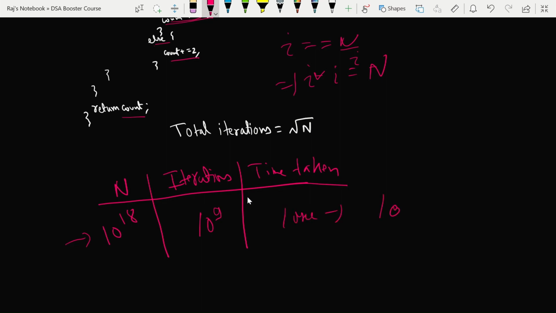Because if 10 raised to power 8 iterations take up 1 second, which is the processing power, then 10 raised to power 9 iterations will take up 1 upon 10 raised to power 8 into 10 raised to power 9, which is 10 seconds. So this is the optimization, and we have been able to reduce 317 years to merely 10 seconds. Now this is amazing, and this is the power of observations.